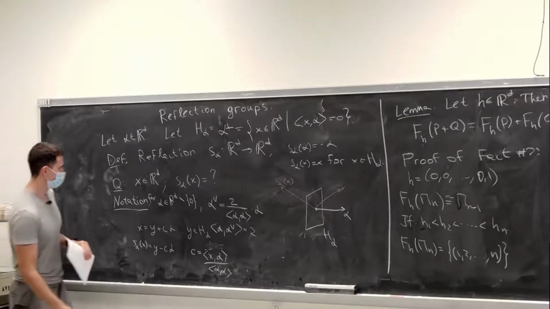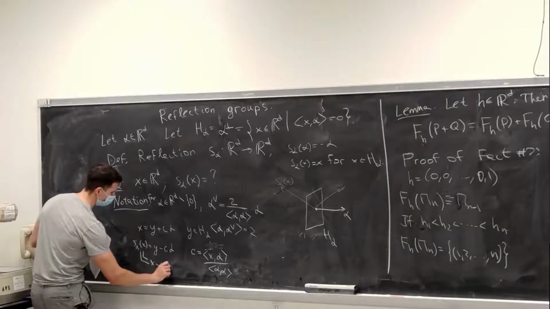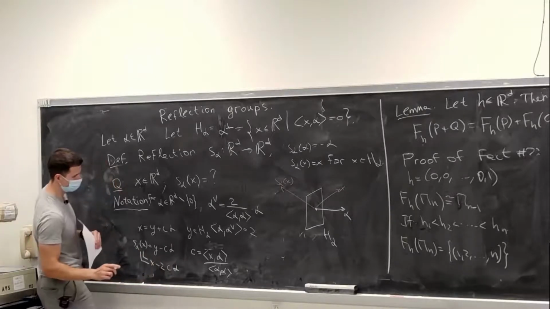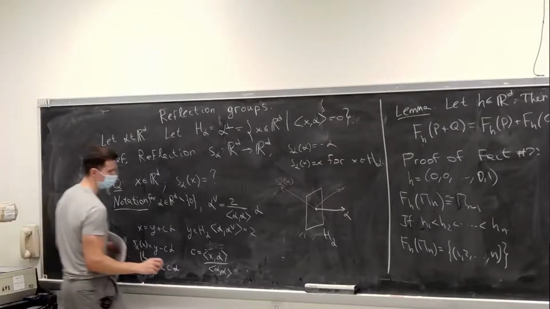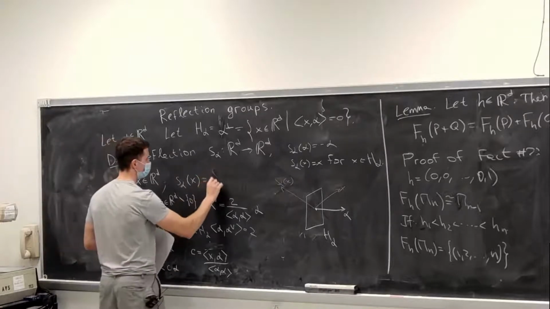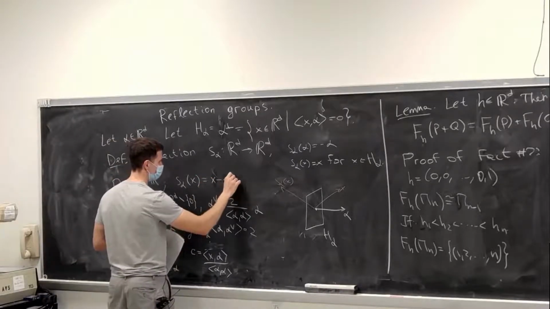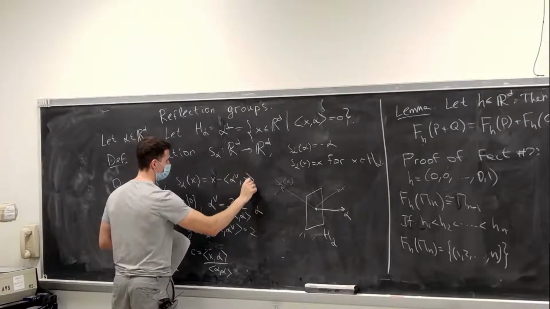x minus 2c alpha. This is equal to x minus 2c alpha. And so 2c alpha, oh, okay, x minus, very nice, the dot product of alpha check with x times alpha.